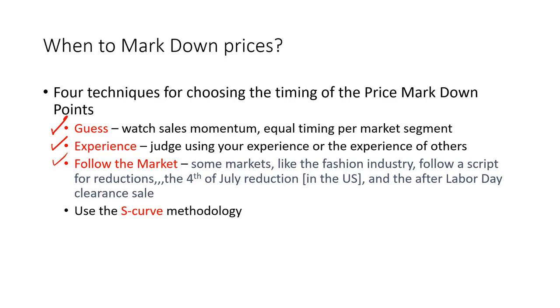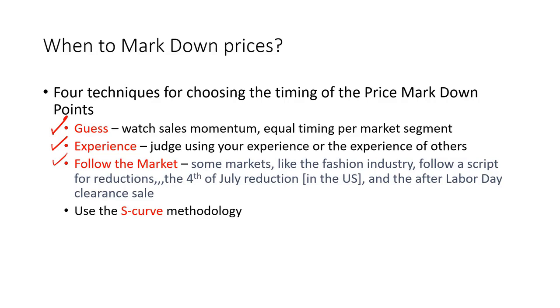And then sometime after Labor Day, there'll be a clearance sale. It's pretty predictable in the fashion industry. Likewise, in the automotive industry, there might be a sales event in the early part of the year, and then a clearance sale in late summer, getting ready for the introduction of the new models for the fall.